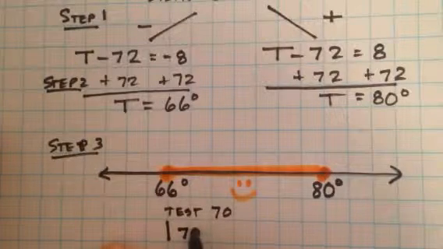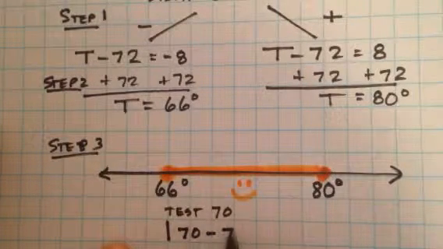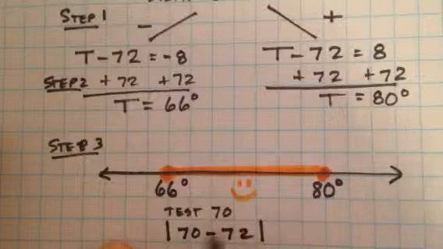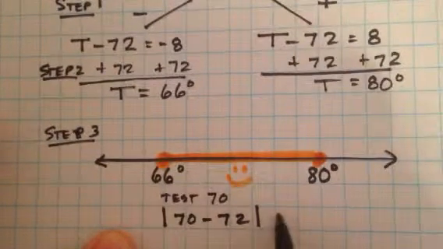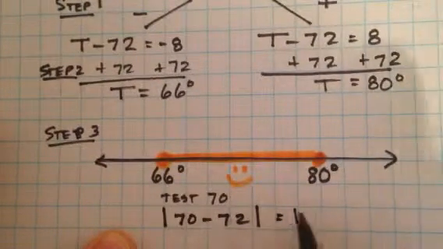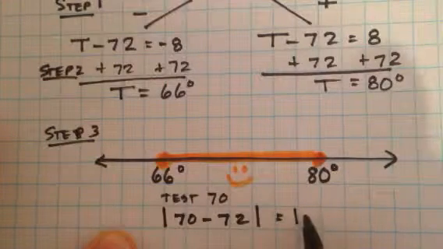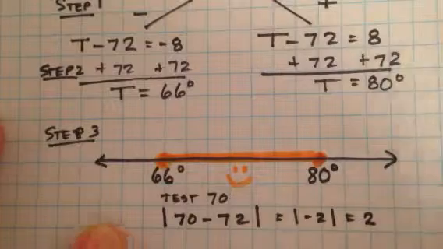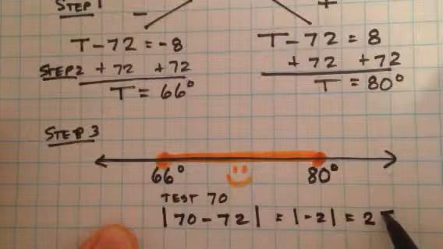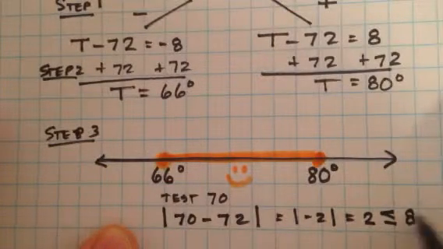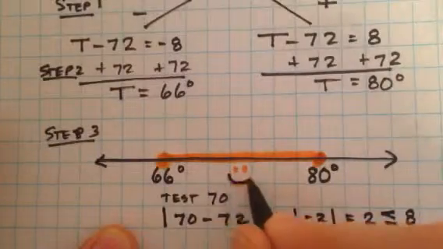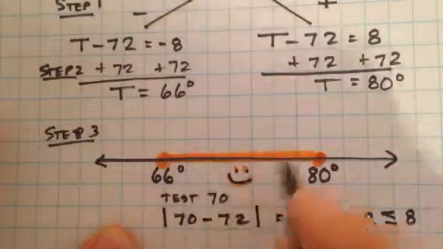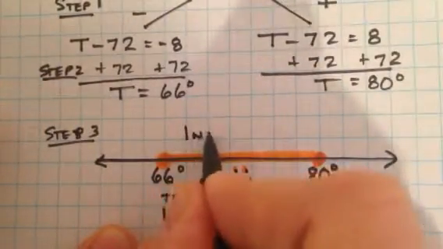So the inequality was absolute value of temperature minus 72. And so if we plug that in, we get absolute value of 70 minus 72 is negative 2. Absolute value of negative 2 is 2. Now, is that less than or equal to 8? Yes. Okay. And so that tells us that our solutions are in the middle. We have an intersection.